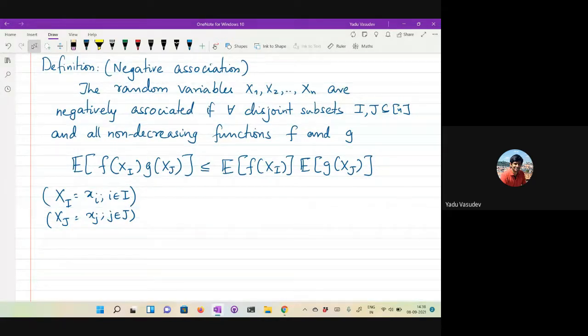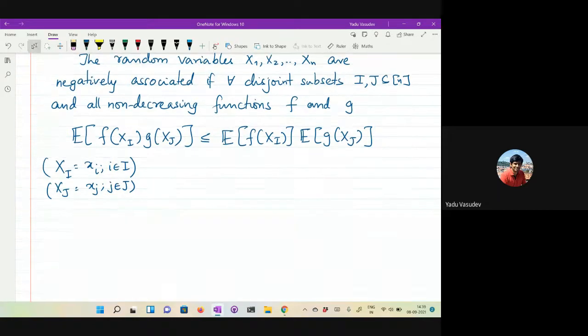So here are some properties that you can notice about these negatively associated random variables. This is a small lemma.